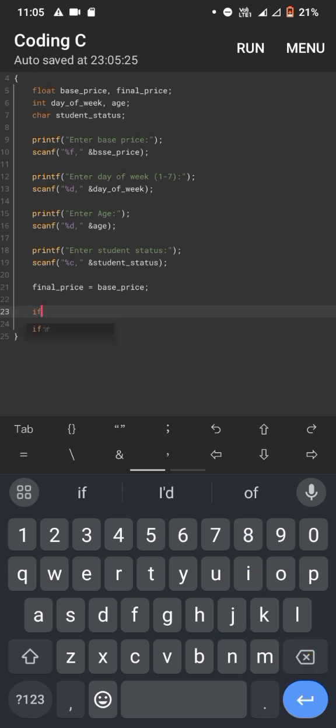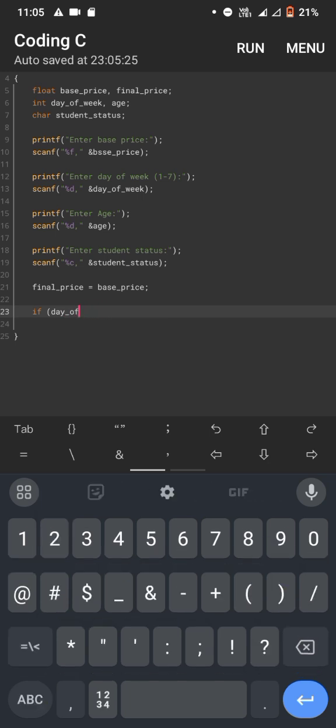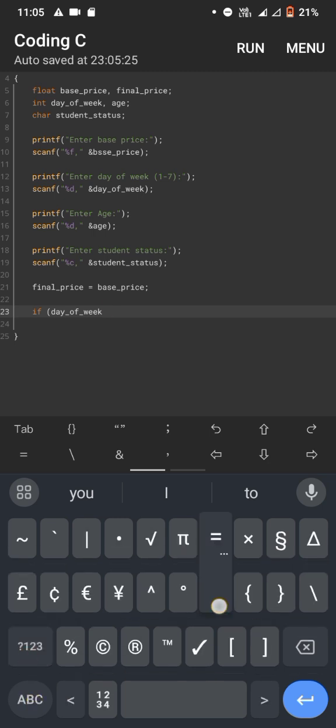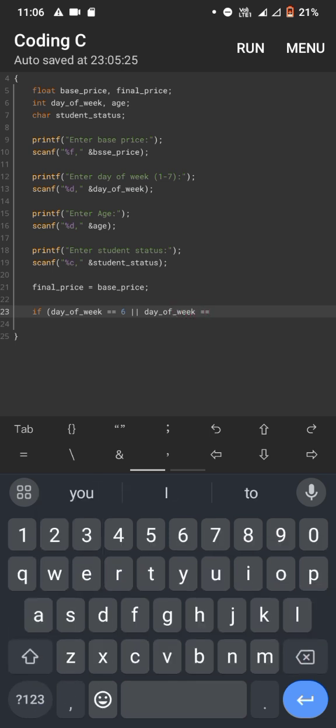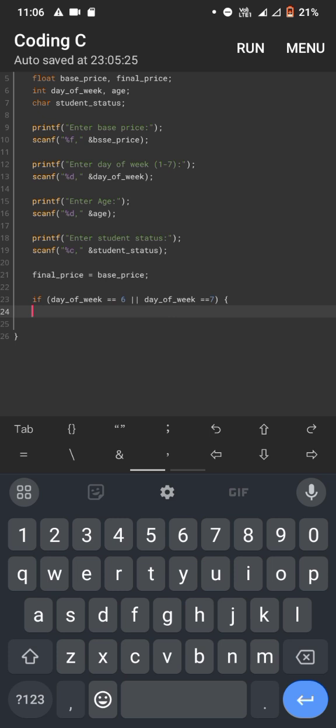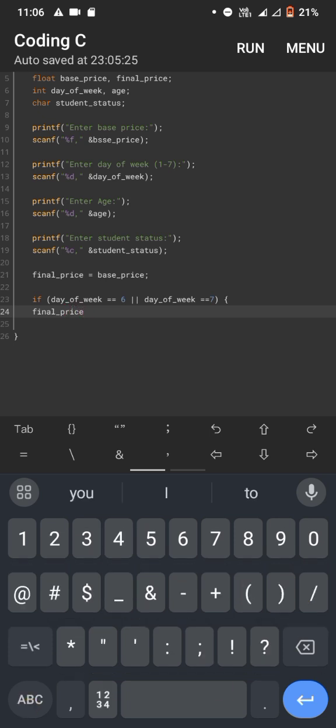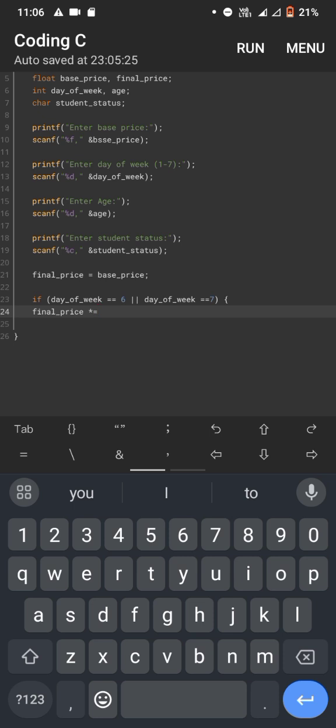First, we use if day of week is equal to 6 or day of week is equal to 7, final price times 1.20.